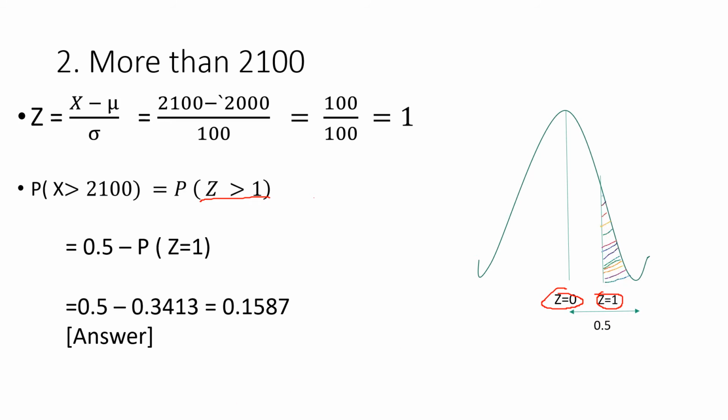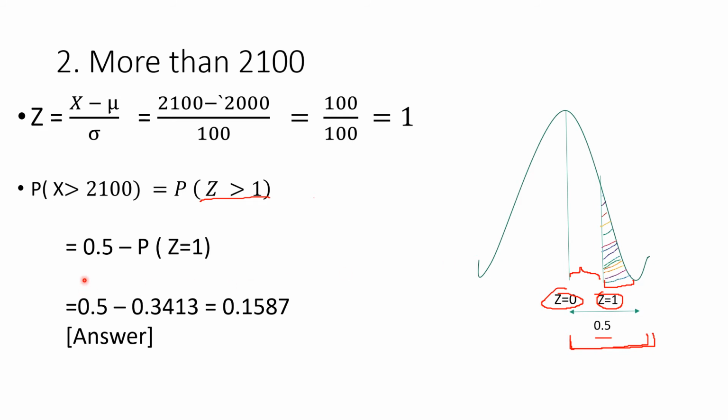Now how will you calculate? Just as I told you, the probability from this area to this point is 0.5, clear? But you have to calculate the probability of only this area. So what you are going to do is, from the probability of 0.5, this whole area, you just subtract the probability of this area. When you subtract, that probability will get cancelled, you will get the probability of the shaded area.